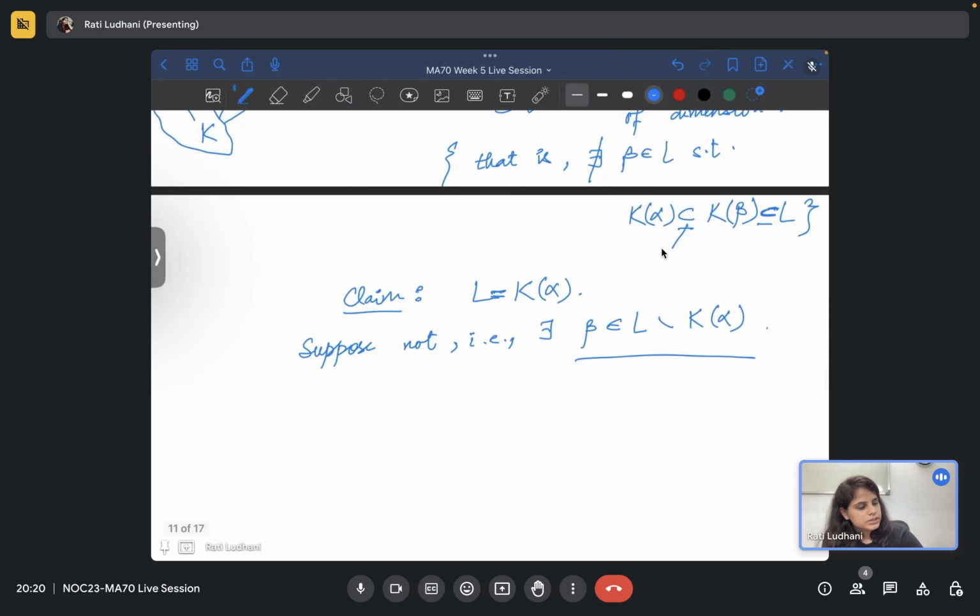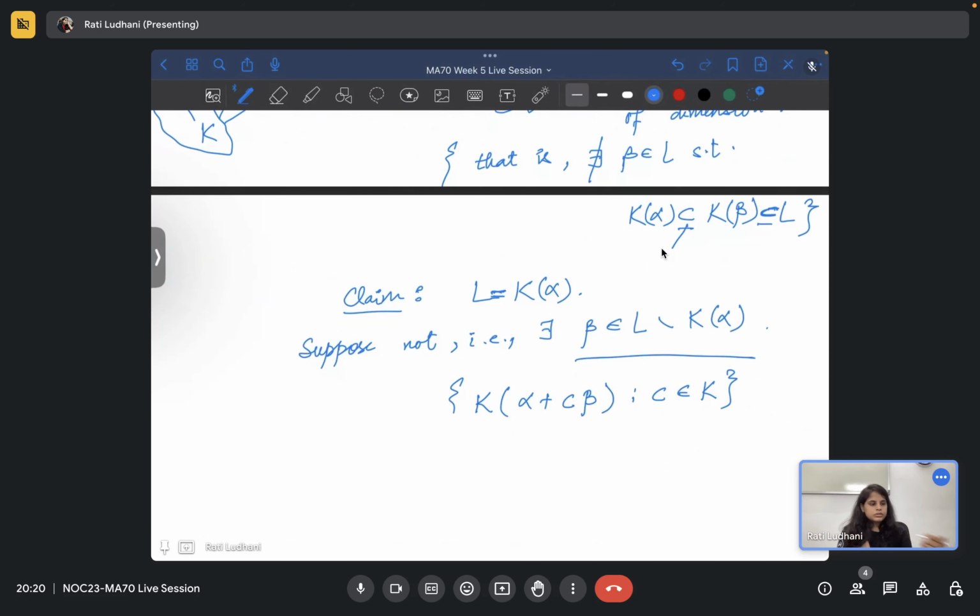Now consider this set. So you write K(alpha plus c beta), where c is varying in this K. So you consider this set K(alpha plus c beta). So alpha plus c beta is again an element.